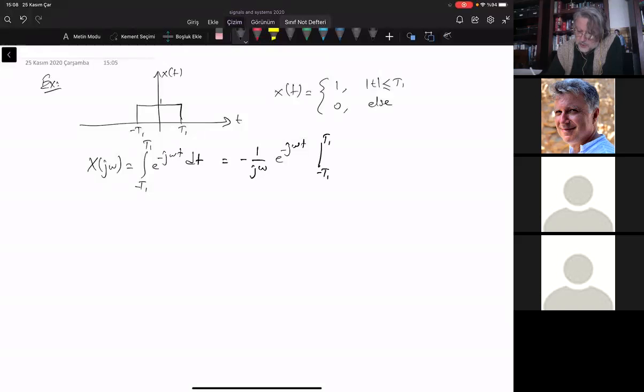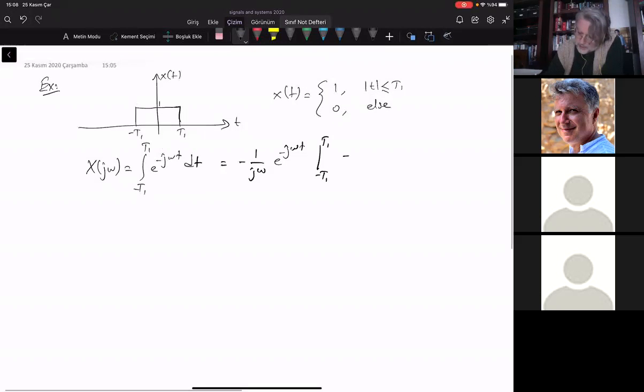You have to substitute t equal to T1, and then t equal to minus T1, and subtract the second term. After some cumbersome simplification, it will simplify into this: two times sine omega T1 divided by omega.